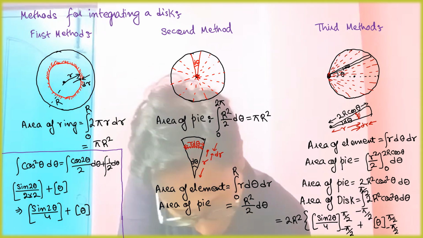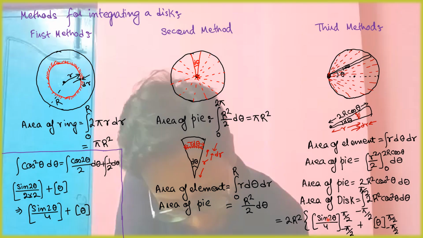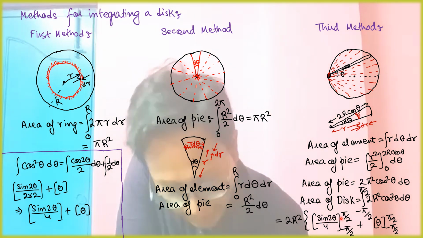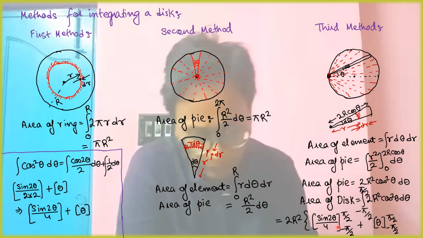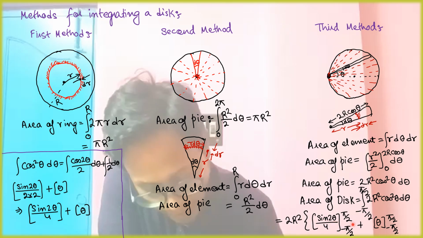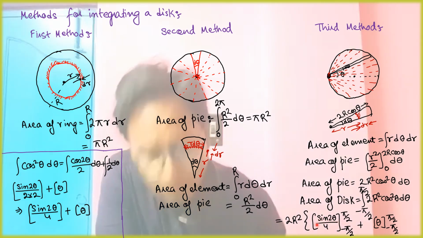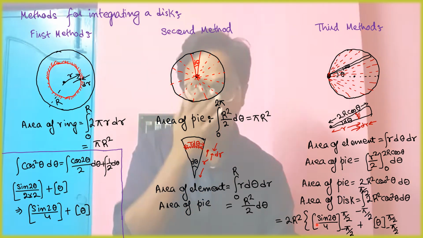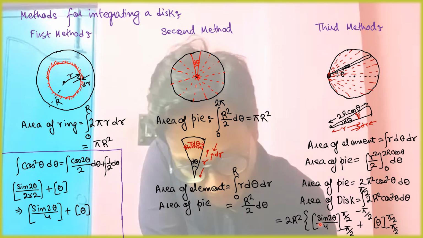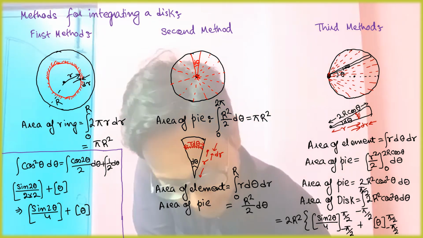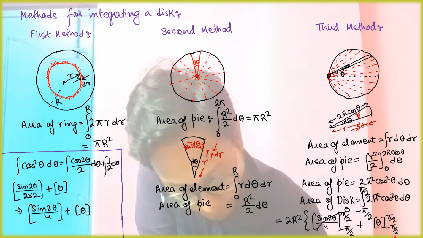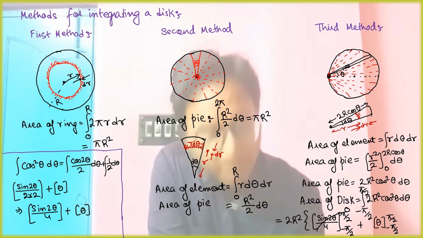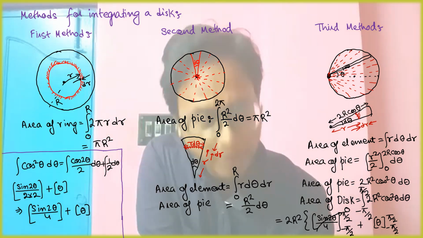Okay, see, sine 2 theta, or sine 2 into 90, is sine 180. What is the value of sine 180? 0. Sine 2 into minus 90, so sine of minus 180 is also 0. So 0 minus 0, this entire term would become 0, isn't it? This term pi by 2 minus of minus pi by 2 is nothing but pi by 2 plus pi by 2, which is nothing but pi.